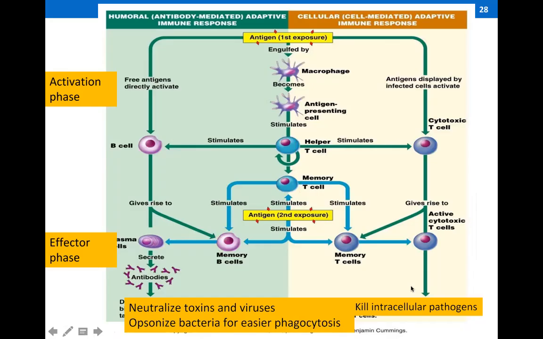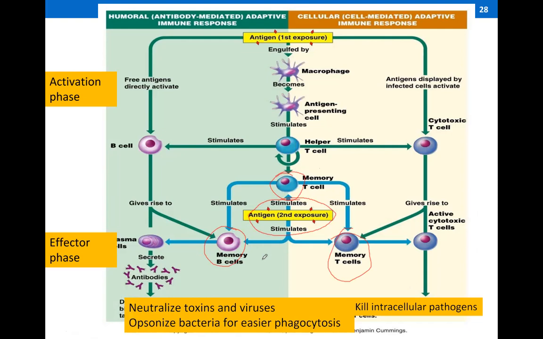But look, when there is a second exposure to the antigen, number one, it will stimulate directly the memory T cell. By stimulating the memory T cell, it will then activate or stimulate this memory B cell and these memory T cells, and then their functions will now be exhibited as whether the first exposure to antigen or second exposure to antigen take place.